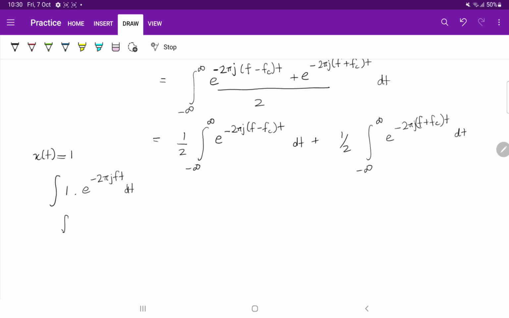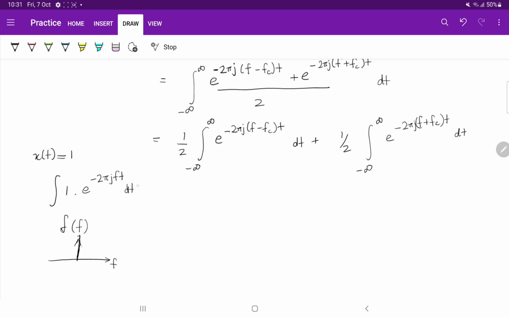If we do so, we get a direct delta function, which we learned in the previous video. It's going to be delta f, which means we get a spike at the point where the frequency is 0. We already learned this in our previous video.